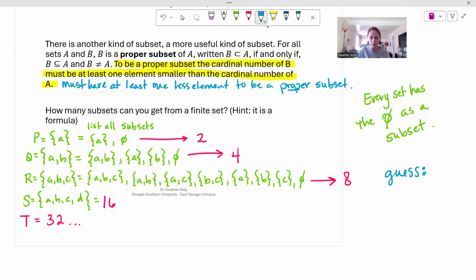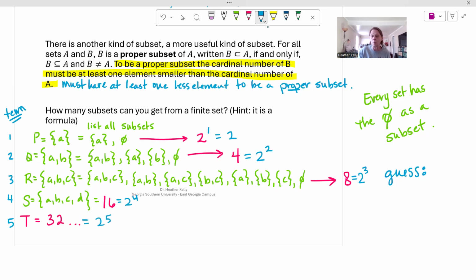Once you've seen that pattern, let's guess the pattern. Here we have one, two, three, four, five: the first term, the second term, third term. So 2 to the 1 is equal to 2. 4 is equal to 2 squared. 8 is equal to 2 cubed. 16 is equal to 2 to the fourth. 32 is 2 to the fifth.